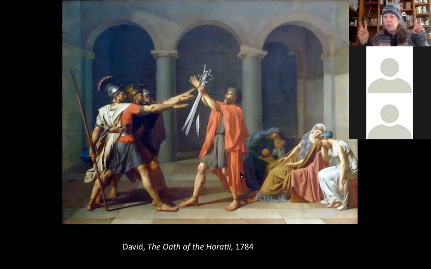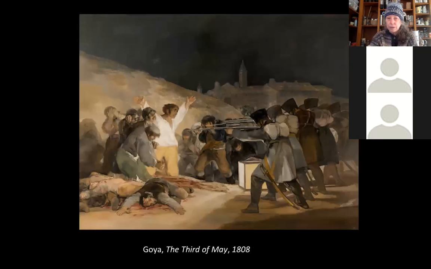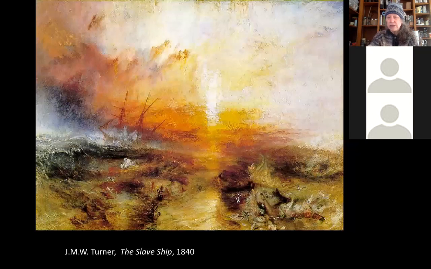That became what's called academic art, and we're going to talk about that in just a minute. Whereas romanticism, impressionism, and realism were all avant-garde, not the official art of the academy.